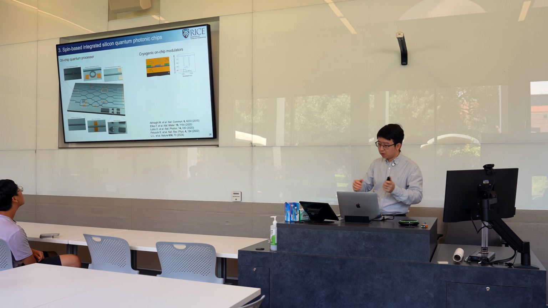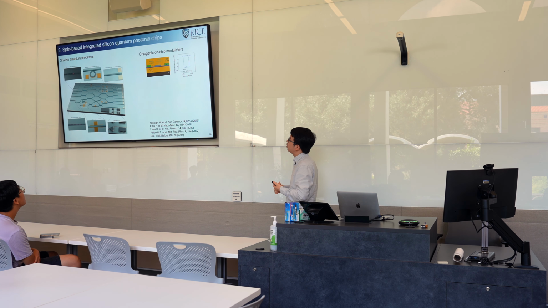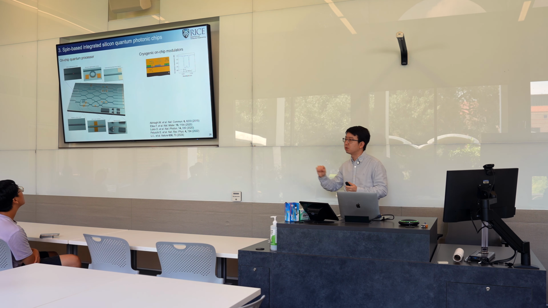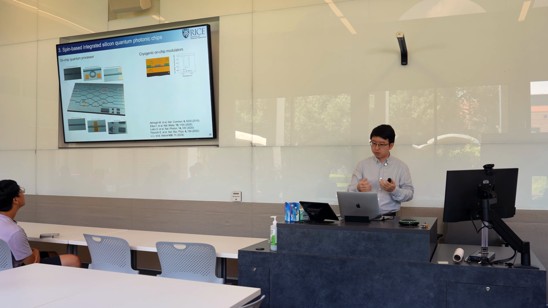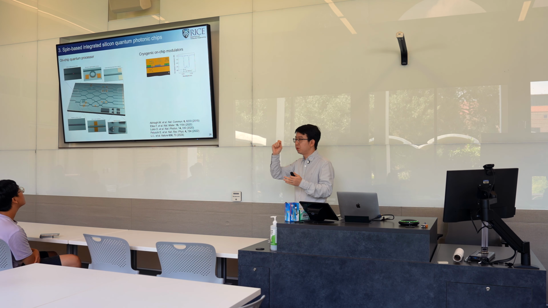Of course, here there are some other device challenges. For example, how you do the modulator at cryogenic temperature, because the T-center works at 3 Kelvin, which makes this modulator a little bit tricky, because at room temperature, with silicon you can just heat up. When you heat up the silicon, the index changes.